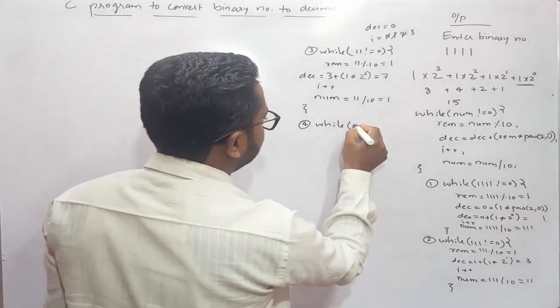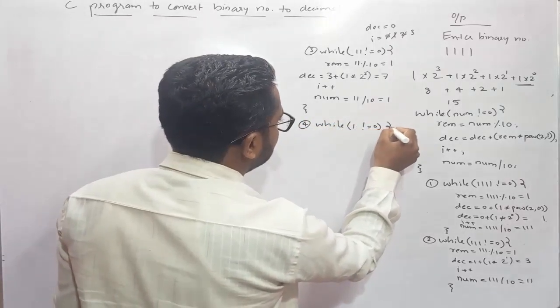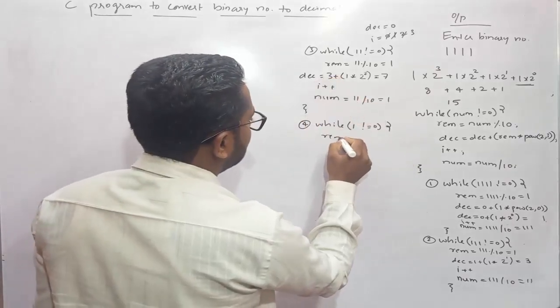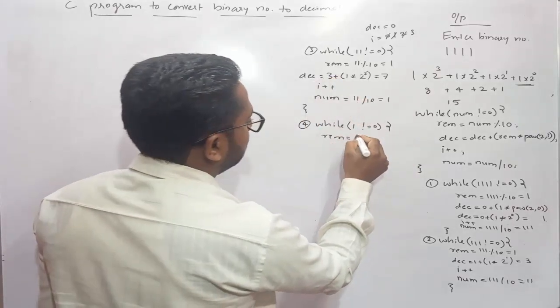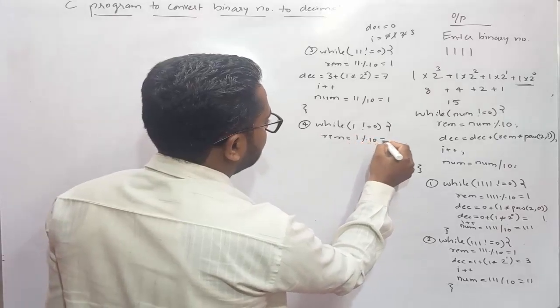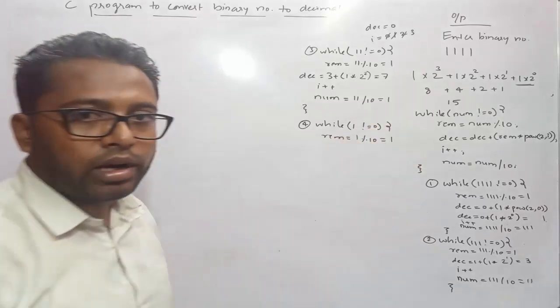While num, which is 1, is not equal to 0, then remainder equals num mod 10, which is 1.